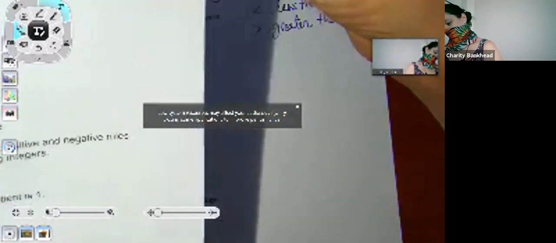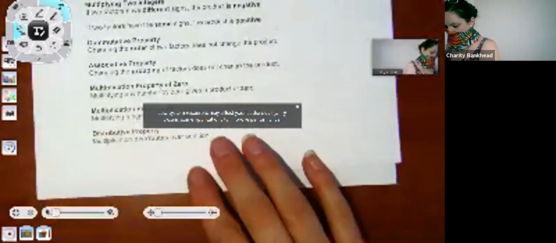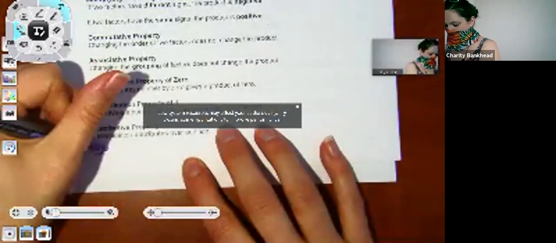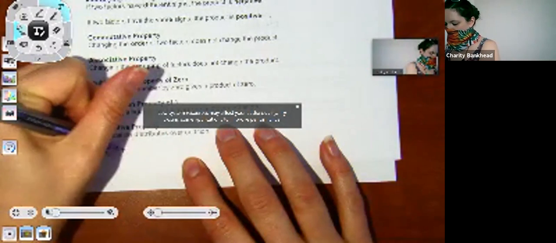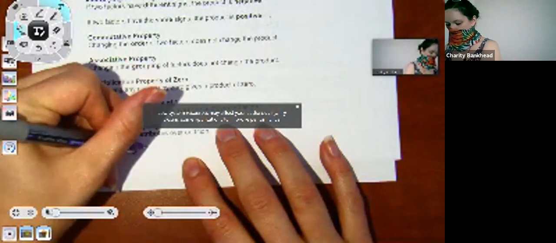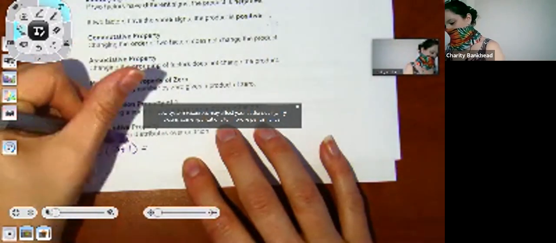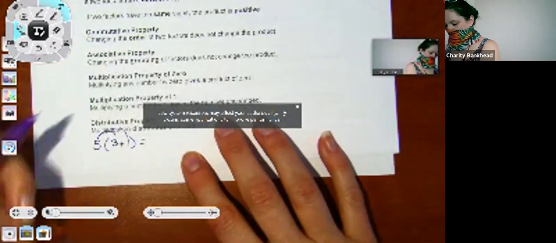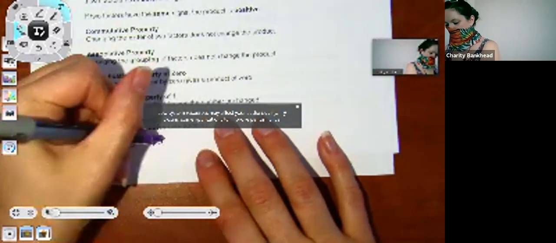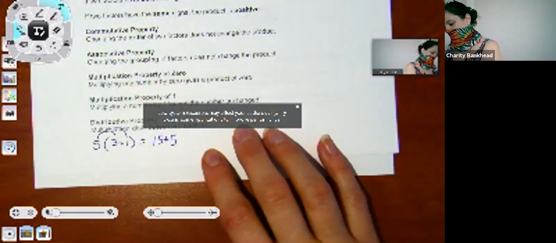And then also the distributive property. Multiplication distributes. So that's like saying 5 times (3 plus 1). You could distribute that, and that would be 15 plus 5, which is 20.